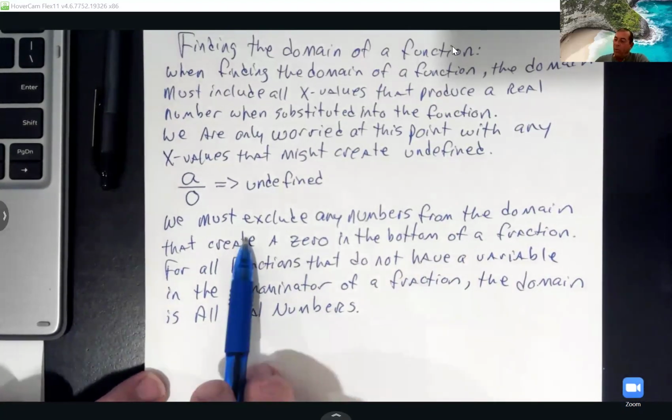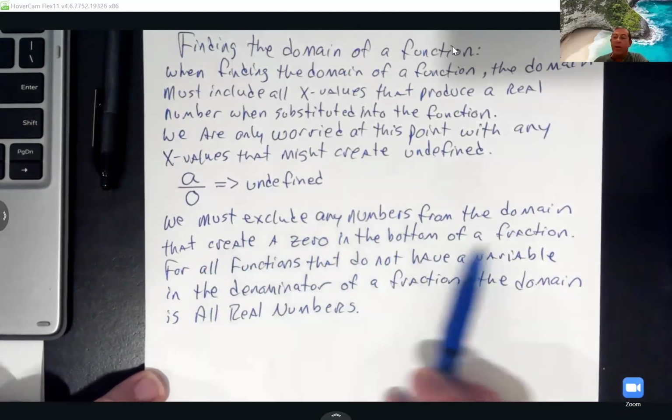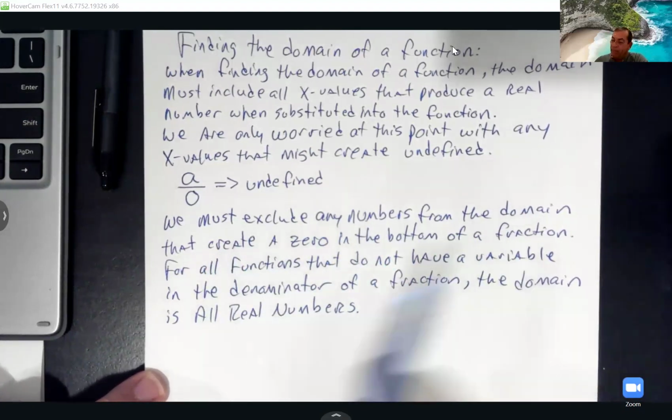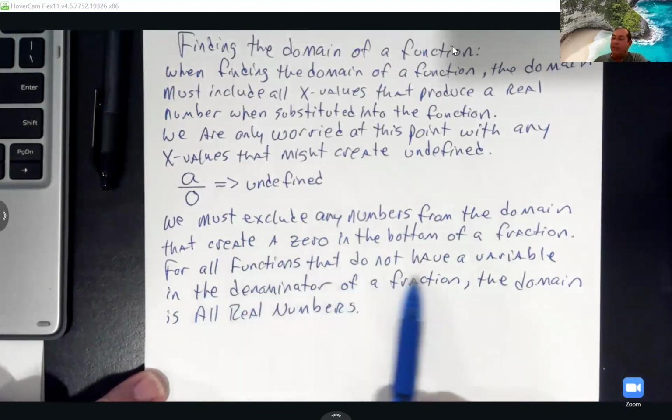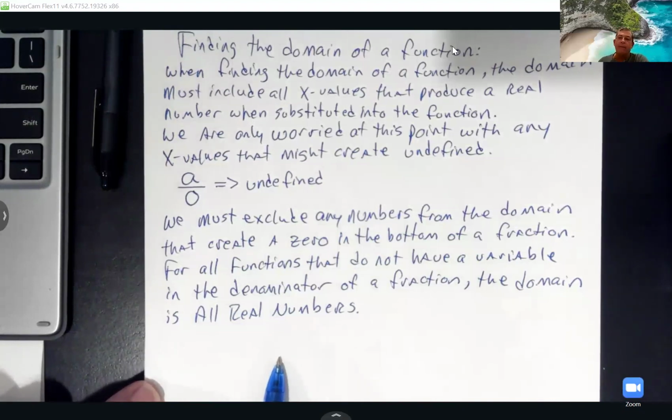So here we go. We got to exclude any numbers from the domain that create a 0 in the bottom of a fraction. But for all fractions that do not have a variable in the denominator of a fraction, the domain is all real numbers.